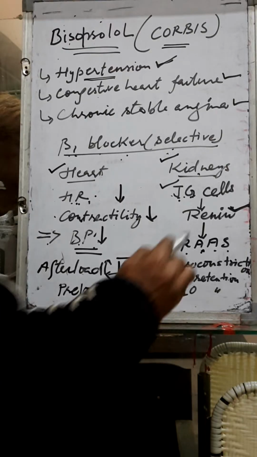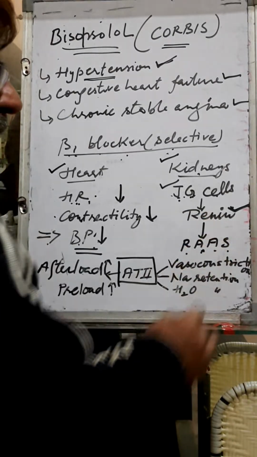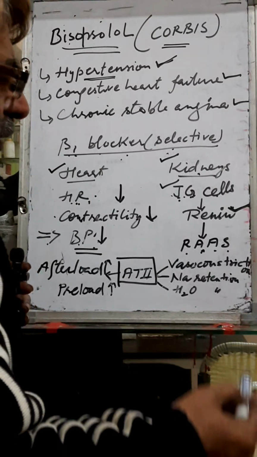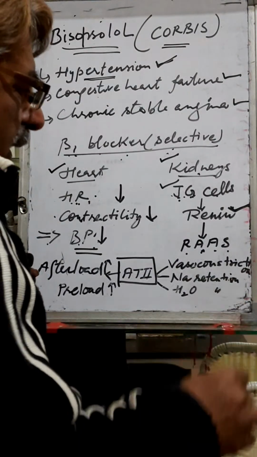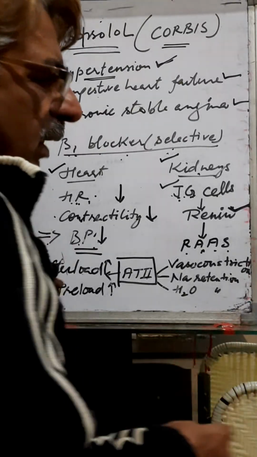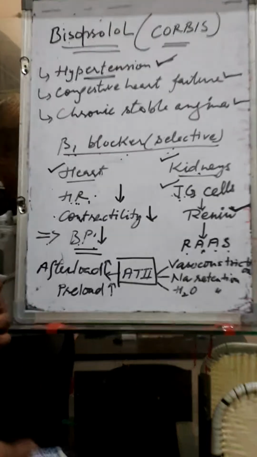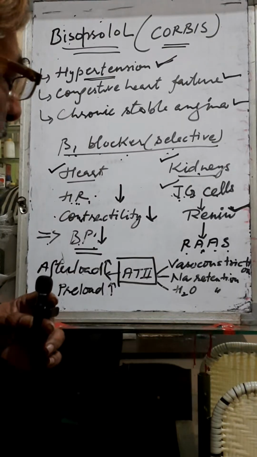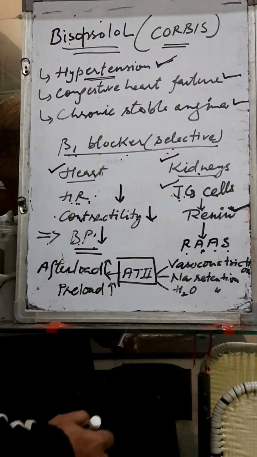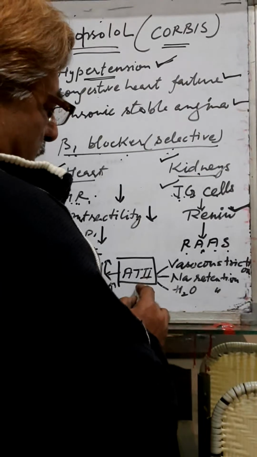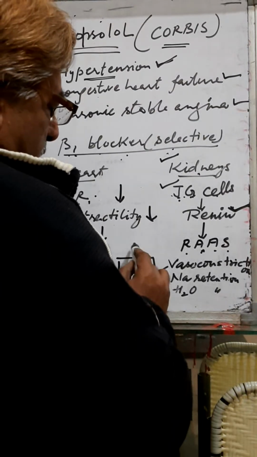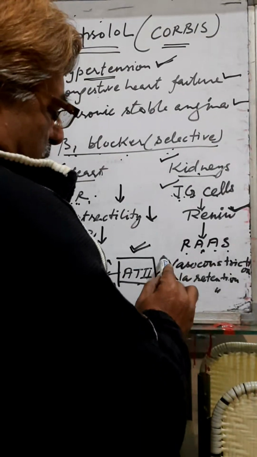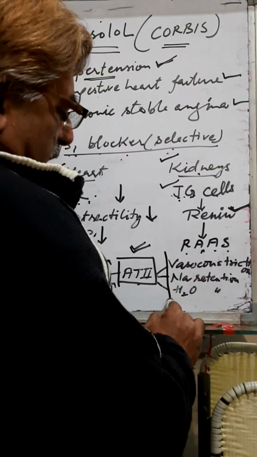First, renin converts angiotensinogen from the liver to angiotensin 1. Then this angiotensin 1 goes to the lungs, and by angiotensin converting enzyme, angiotensin 1 is converted to angiotensin 2. And this angiotensin 2 then performs these three functions.